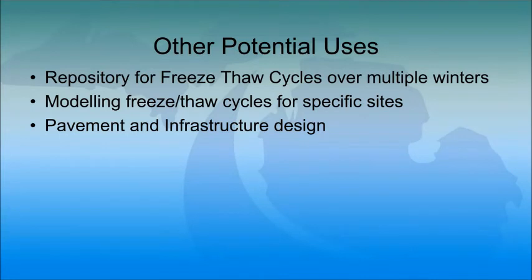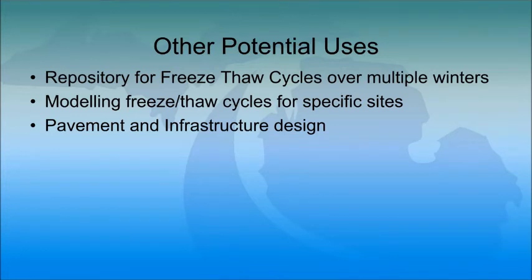And some other potential uses: it could be used as a repository for freeze-thaw cycles over multiple winters. That's the great thing about this, that it can start tracking that data. We get asked many times, how often or what are the usual start dates for spring weight restrictions in a certain area of the state? And the best we can do is go through our old press releases.